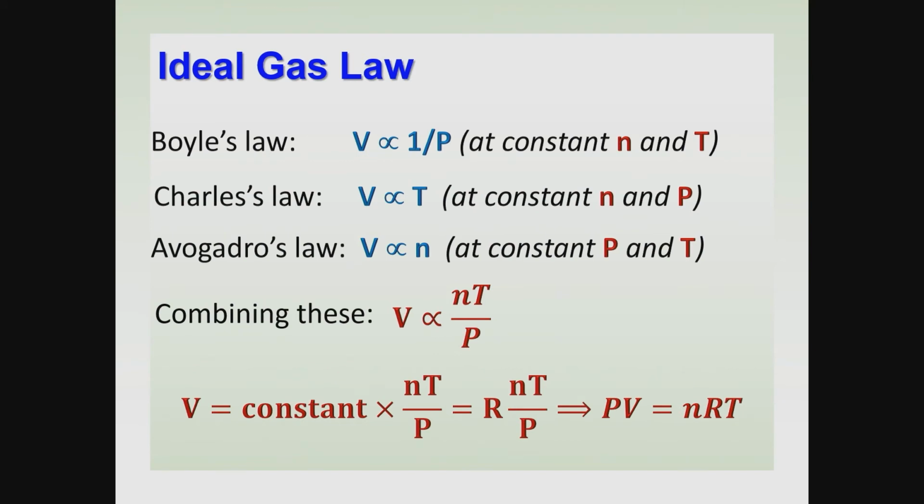The thing to note about the ideal gas law is it's a little bit different than the gas laws you used in the past. With the gas laws you used in the past, usually in the problem you would have some initial conditions, and then you wanted to define a property of the gas at some new conditions. But here it's a little bit different. Here we're just looking at a gas at the same conditions.